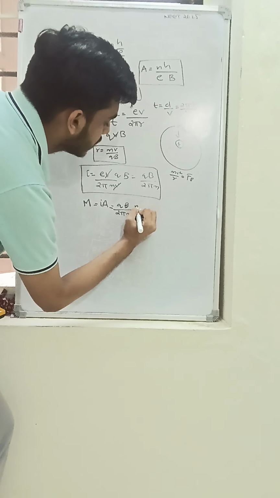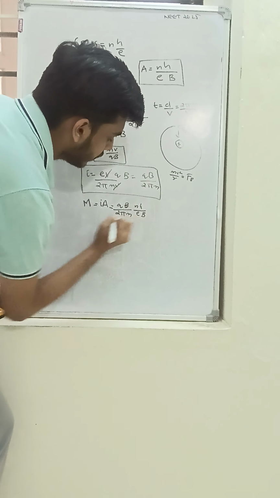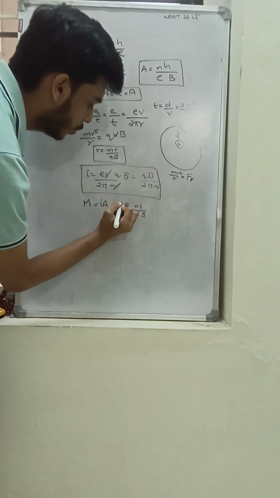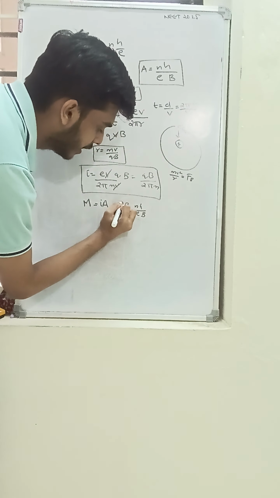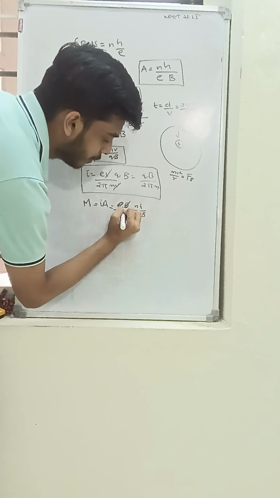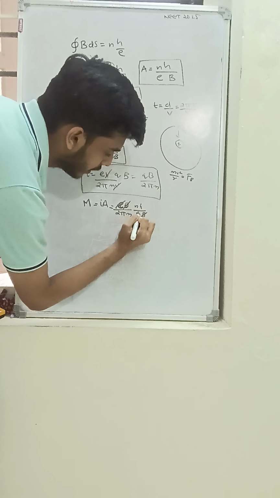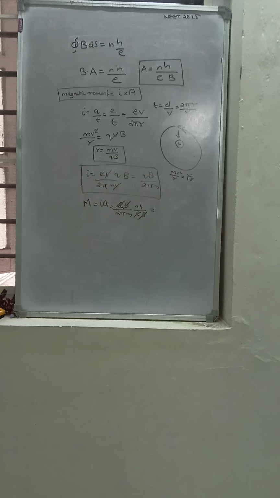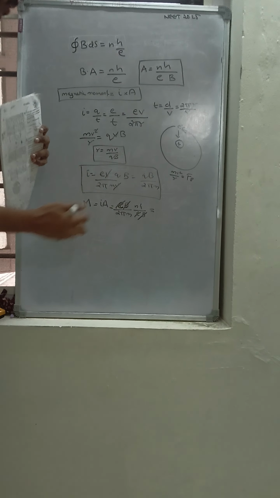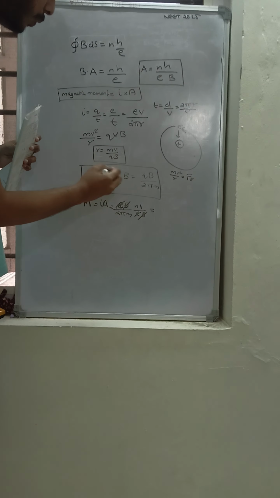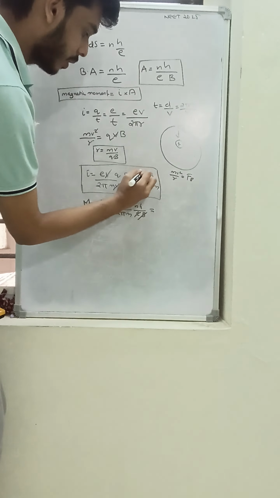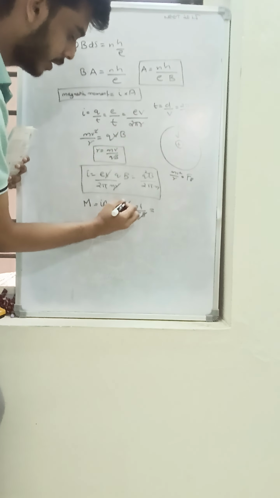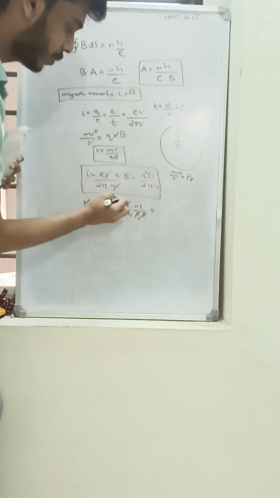Area is nh by eB. So instead of Q, we will be putting e here, and B we will be cancelling. I made a mistake somewhere. So here we have to put Q, so it will be Q squared, right? Q squared, and here also it should be e squared inside.